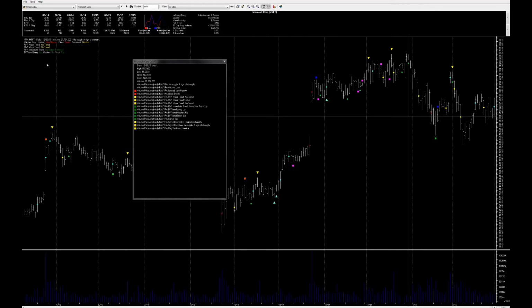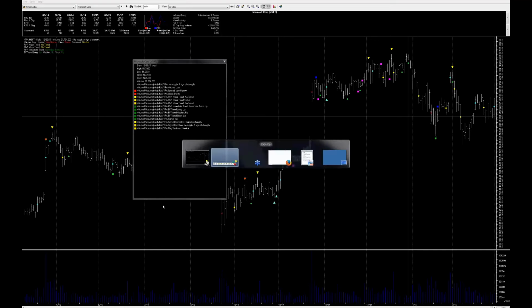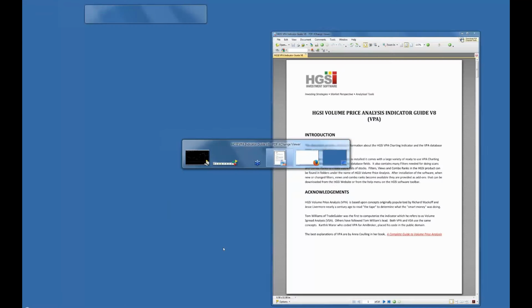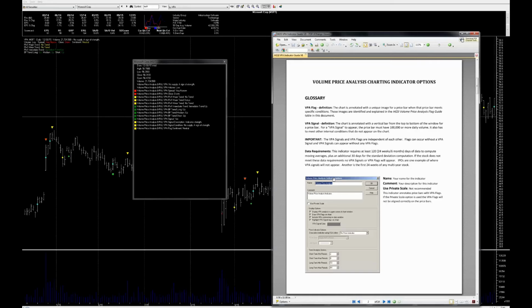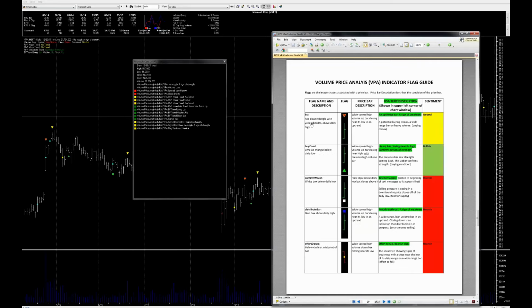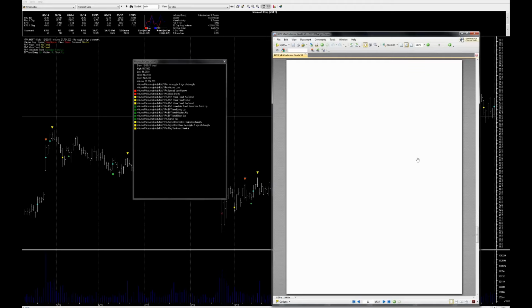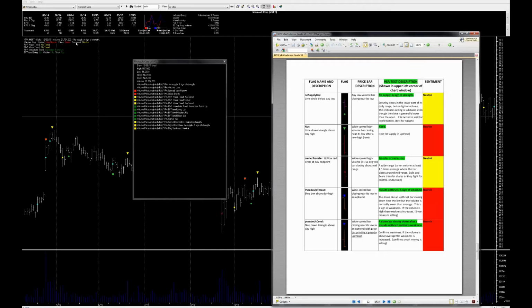When you've highlighted a day, you can also see information about the volume, the spread, and the sentiment. We have this in the PDF. Every one of the flags has documentation, and each flag also has a sentiment associated with it, whether it's neutral, bullish, or bearish. And that's what the sentiment that appears here is.